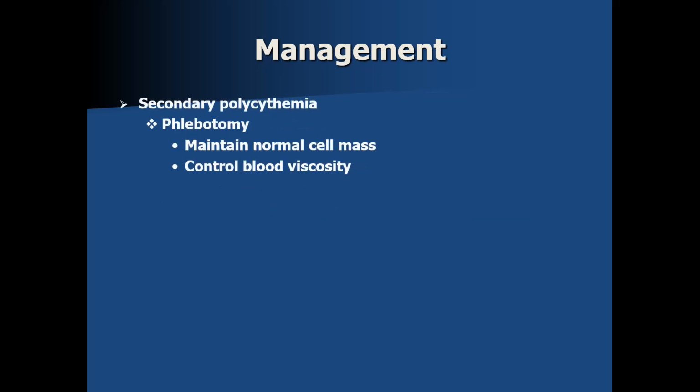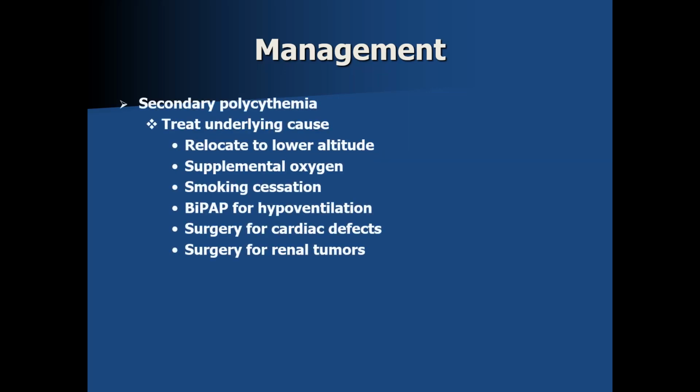The management of secondary polycythemia may also include phlebotomy for the same reasons, that is, to maintain a normal cell mass as well as to control blood viscosity. However, secondary polycythemia may be cured.